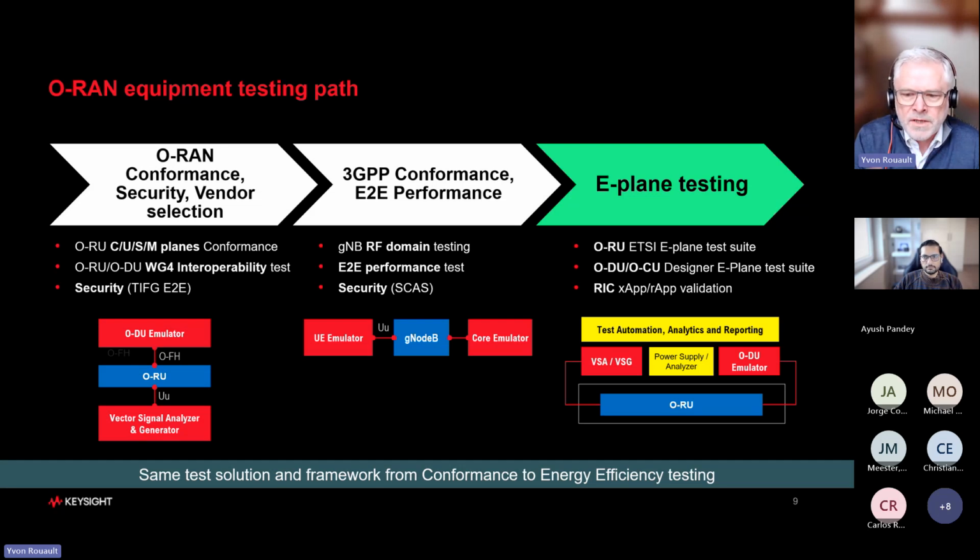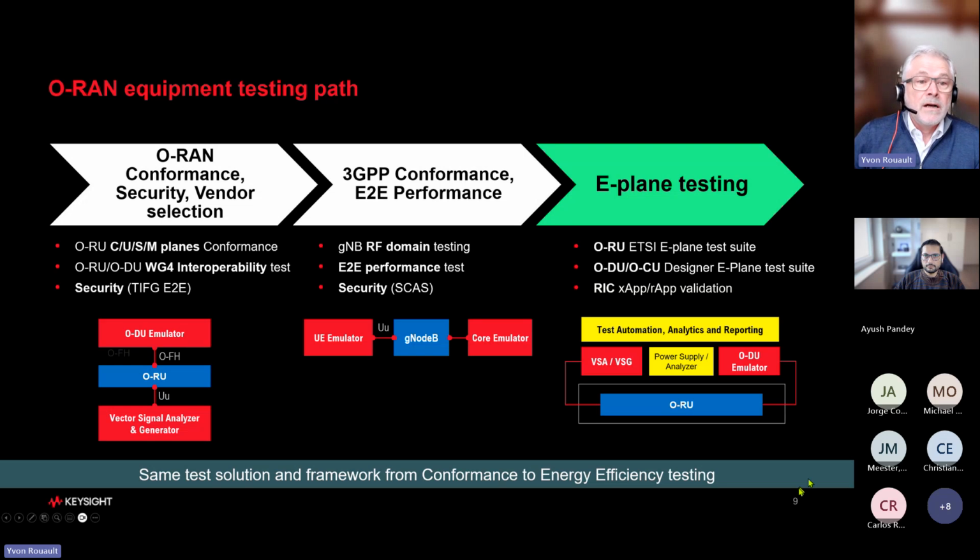Okay, so there are resources around. I'm thinking about an operator that may not want to deploy a lab on its own to perform these kinds of things, because energy consumption testing, or what in Keysight we call the E-plane testing, E for energy obviously, comes as a next step after the other types of tests have been performed.